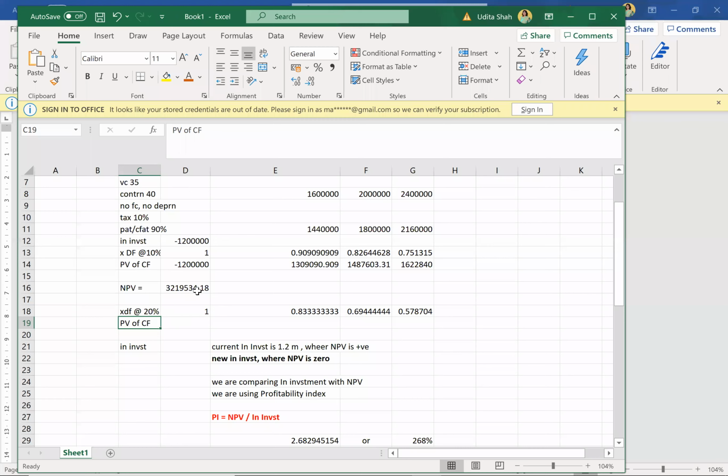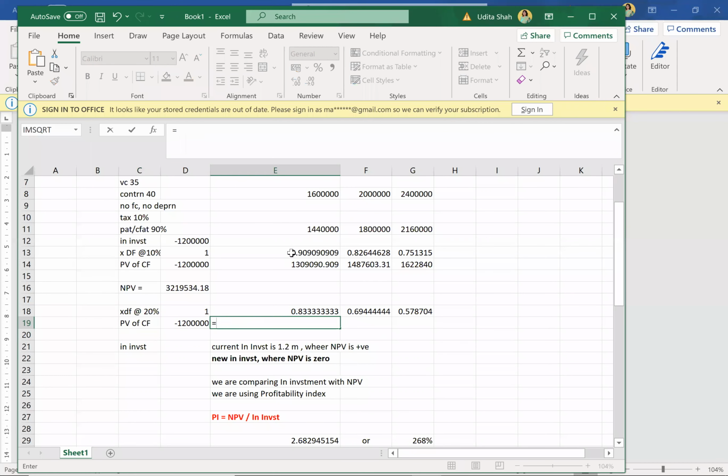So this will be what? This will be 1.2 million into 1. Correct? This will be this amount into, oops, not this amount, right?